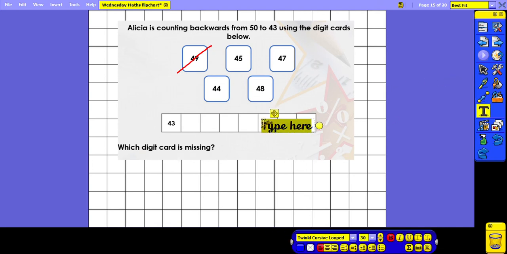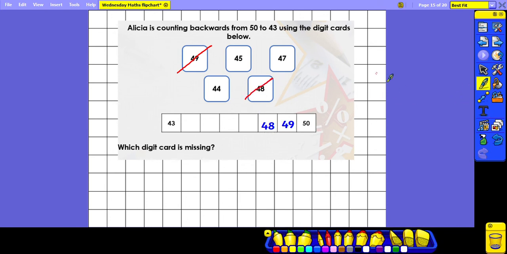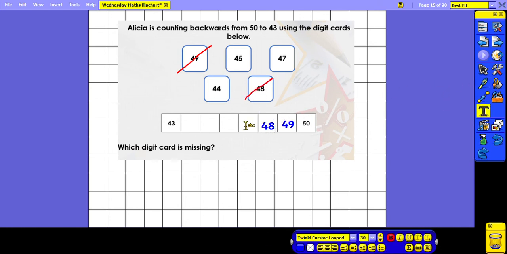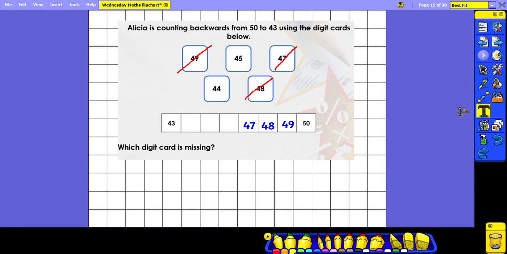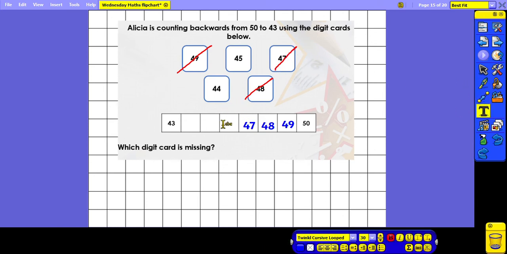Then it's 48. And we've got that one as well. 47. And next would be 46, but we haven't got a 46. But let's just carry on and make sure we've got the others.